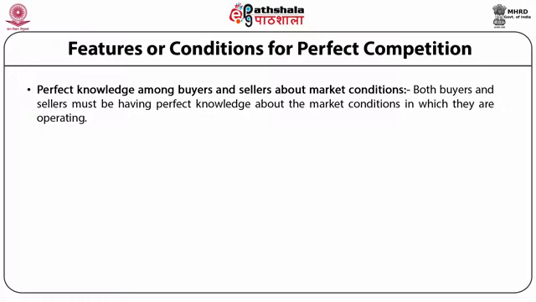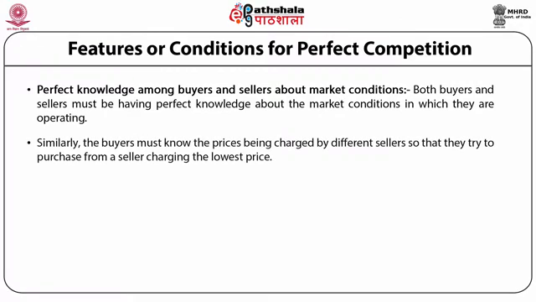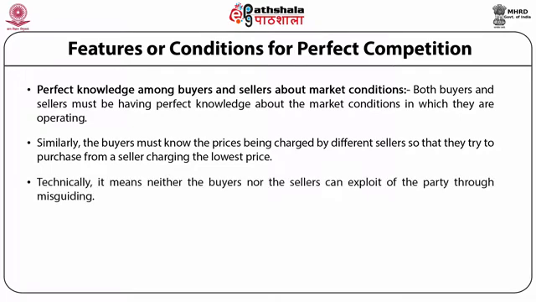Sellers must know the prices being quoted by other sellers in the market. Similarly, the buyers must know the prices being charged by different sellers so that they try to purchase from a seller charging the lowest price. Technically, it means neither the buyer nor the sellers can exploit the other party through misguiding.